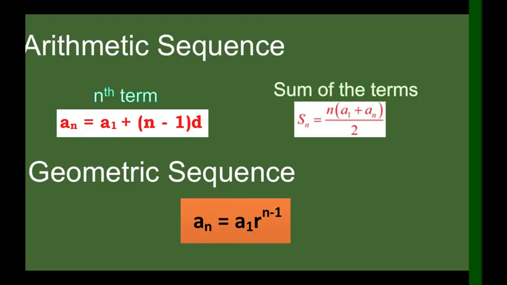For the nth term, we have the formula a sub n equals a sub 1 plus quantity n minus 1 times d. For the sum of the terms, we have s sub n equals n times quantity a sub 1 plus a sub n, over 2. For the geometric sequence, we have the formula a sub n equals a sub 1 times r raised to n minus 1.